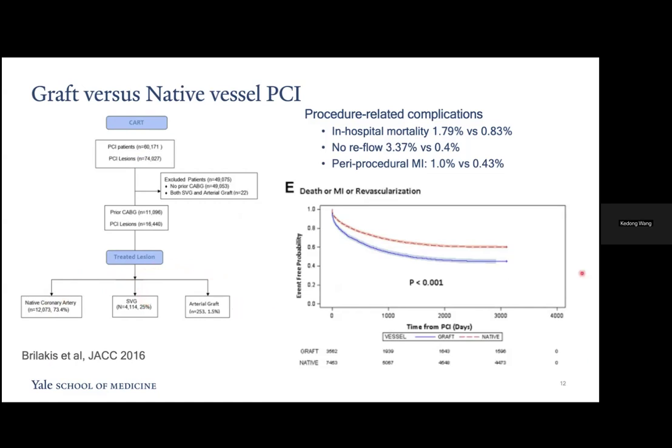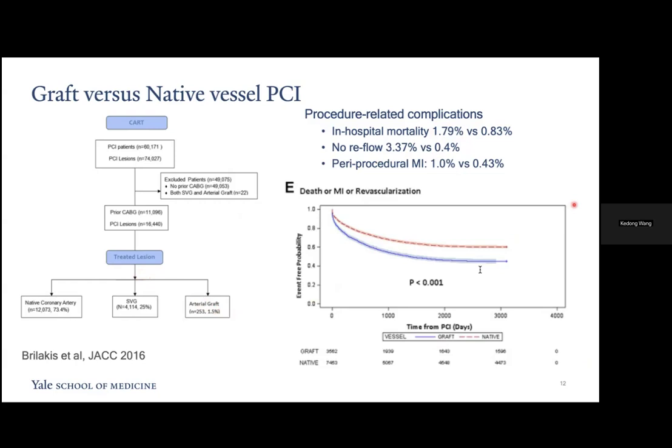The arterial graft comprised probably only 1.5%, obviously because IMA grafts tend to survive forever.